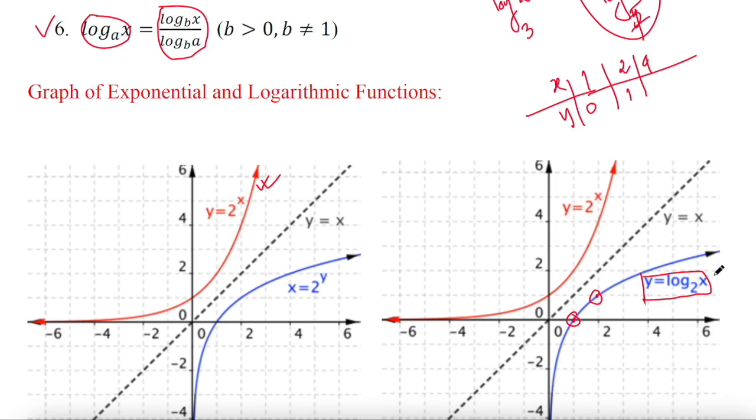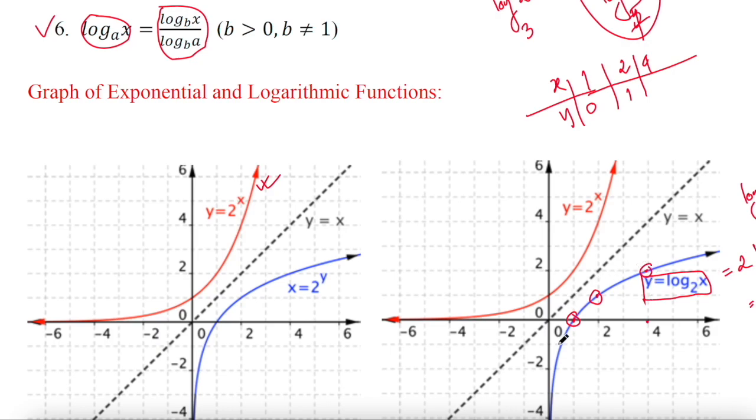When x equal to 4, y will be log 4 to the base 2, which is equal to log 2 squared to the base 2, which is equal to 2. So when x equal to 4, y will be 2, this point, and so on.